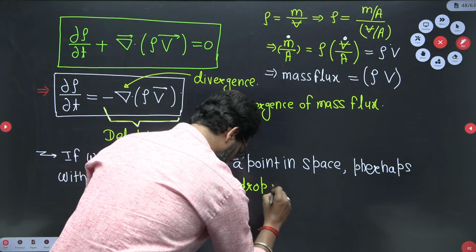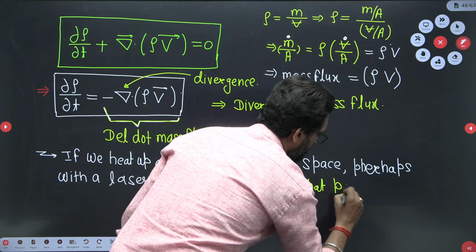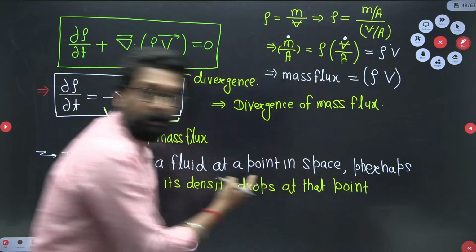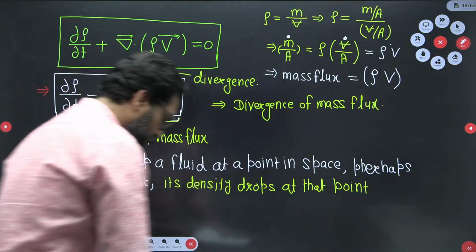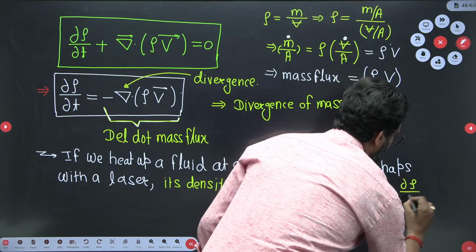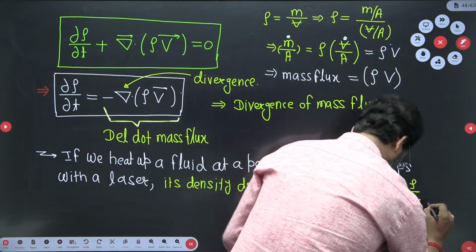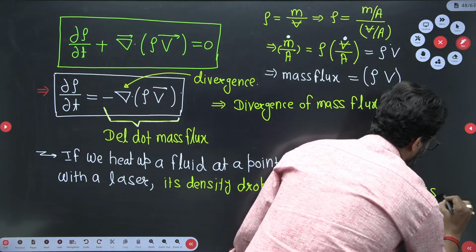Its density drops at that point, so it is negative, that is d rho by dt is negative.